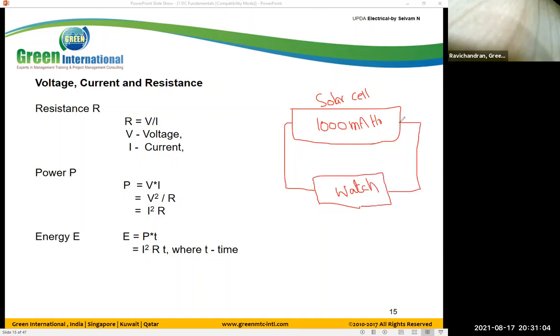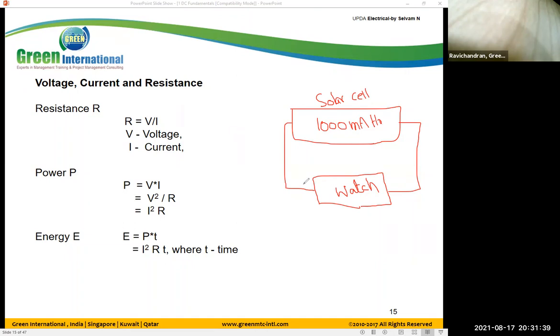In our wristwatch we are using a battery. In the wristwatch, the battery capacity is 1000 milliampere hour. In our watch we put a small battery, and the battery capacity is 1000 milliampere hour. What is the load for this battery? Our wristwatch is the load. A load always consumes some current.